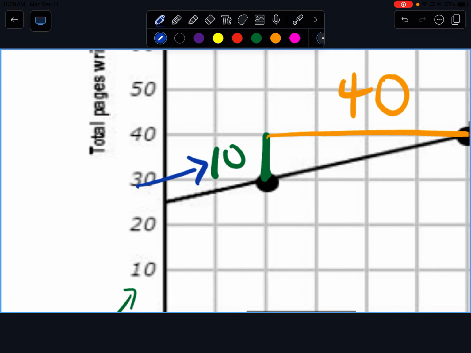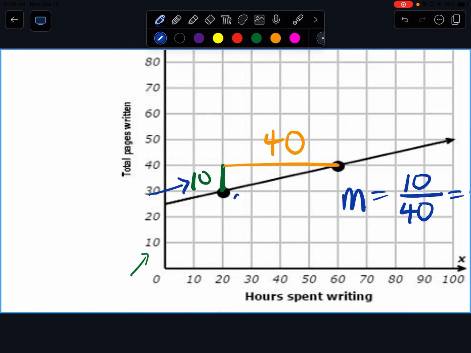We don't know where that hits right there. It's somewhere in between 20 and 30, but we don't know which. So I'm going to pick a point, 40, 30. I'm going to plug it into y equals mx plus b. Remember, this is the x value, this is the b value, and 1/4 is my m value.